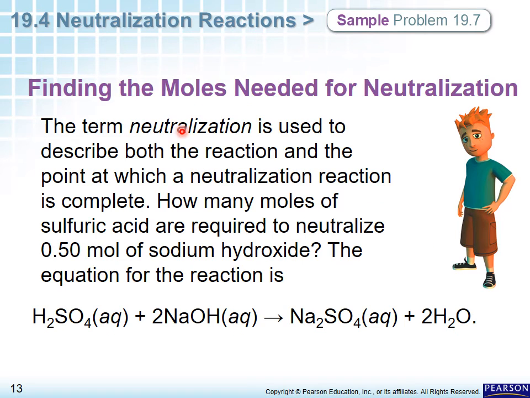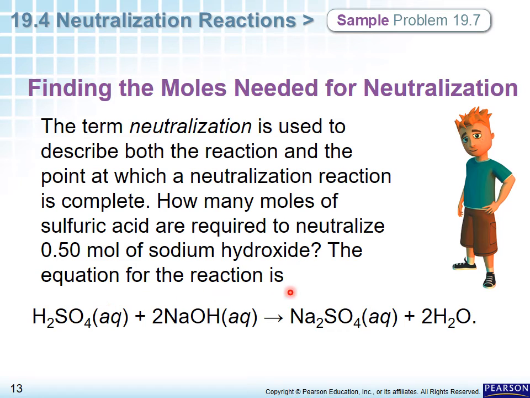Finding the moles needed for neutralization. The term neutralization is used to describe both the reaction and the point at which a neutralization reaction is complete. How many moles of sulfuric acid are required to neutralize 0.5 moles of sodium hydroxide?